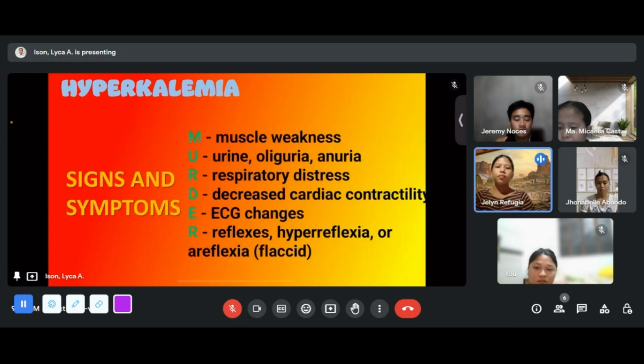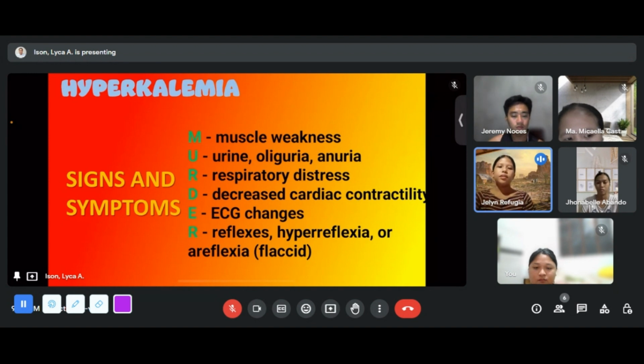So, ano nga ba yung mga signs and symptoms ng hyperkalemia? Kung makikita nyo, meron tayo ditong word na murder. So, muscle weakness. So, pag weak yung mga muscles ni baby, maaaring may sintomas na siya ng hyperkalemia. Next is urine, oliguria or anuria. When we say oliguria, it is a low urine output. Pag anuria naman, no urine output.